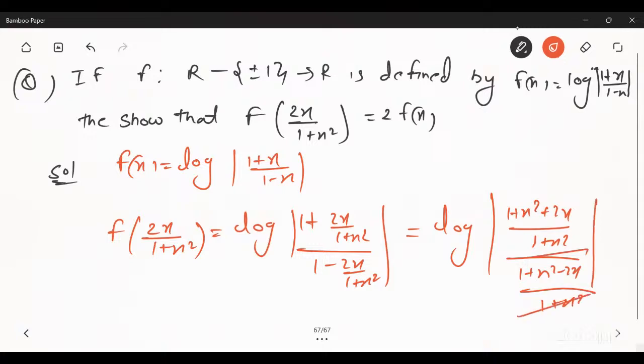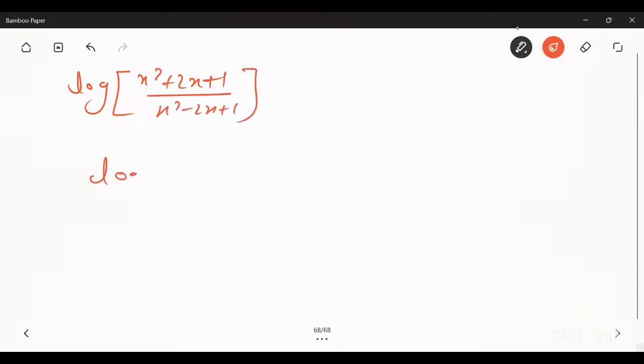So that term will be cancelled. So you will get log of x square plus 1 plus 2x upon x square minus 2x plus 1. So in numerator you will get the formula of x plus 1 whole square and denominator x minus 1 whole square.